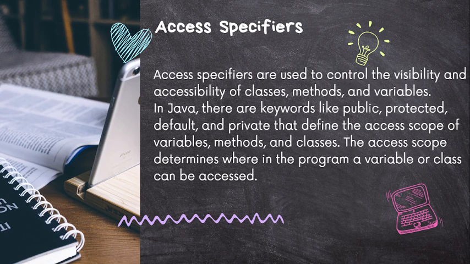If you want to restrict the use of a particular method, then you have to use access specifiers, or we can say access modifiers. In Java, there are keywords like public, protected, default, and private that define the access of your variable, method or class. Access specifiers determine where in the program that variable, class or method can be accessed.